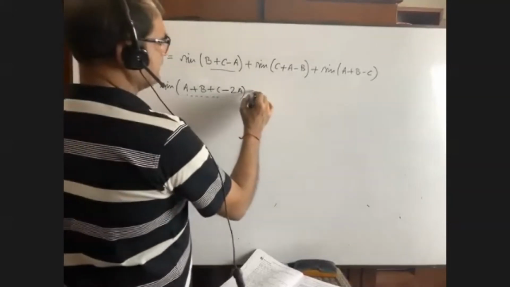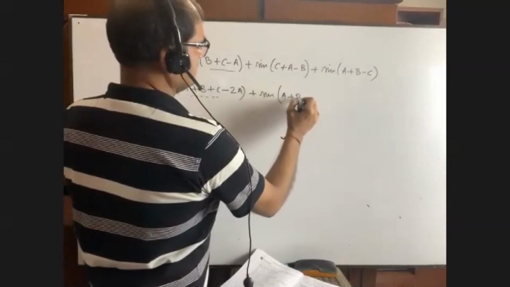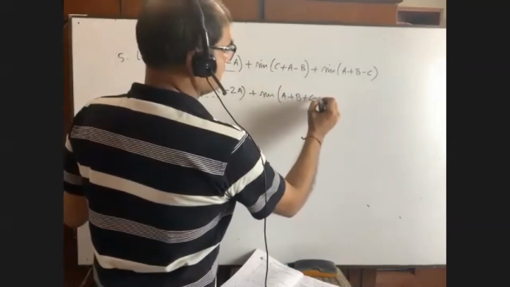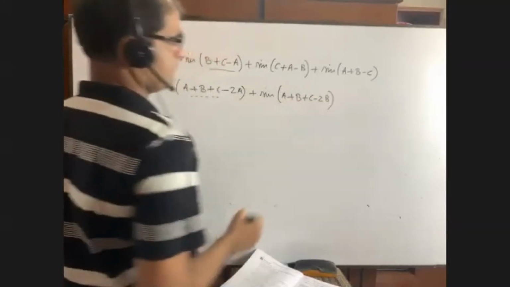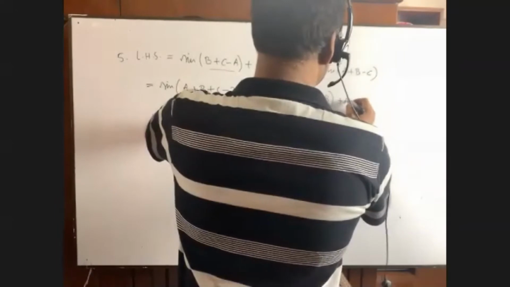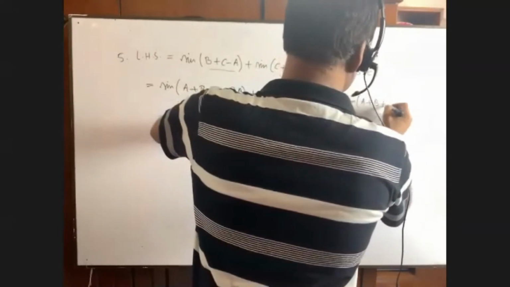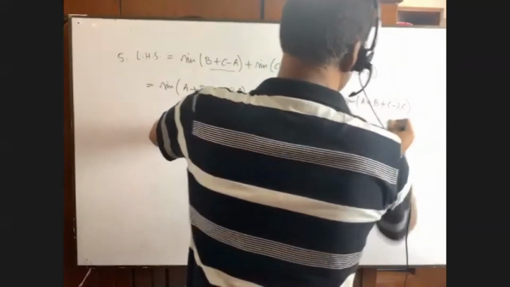Now, the same is to be done for the next two. a plus b plus c minus 2b. Similarly, I am showing it because for the first time you are seeing this type of math. a plus b plus c minus 2c.